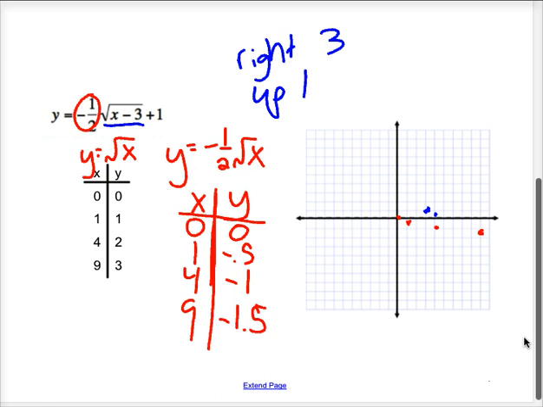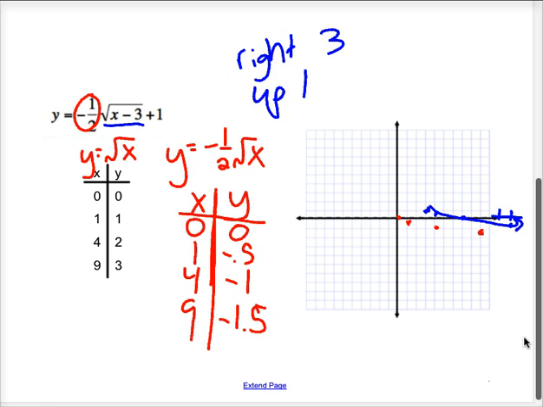My next point, right 3, up 1. My next point, well, now this one's going to go a little bit off, so I'm just going to extend my table ever so slightly. Right 3, up 1, so I can still include it in my graph. And there we go.